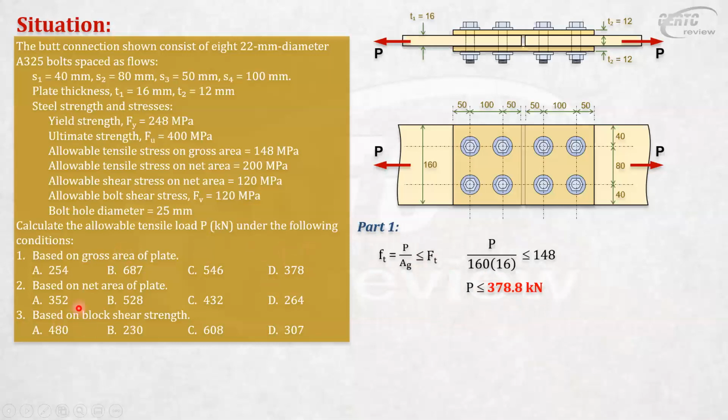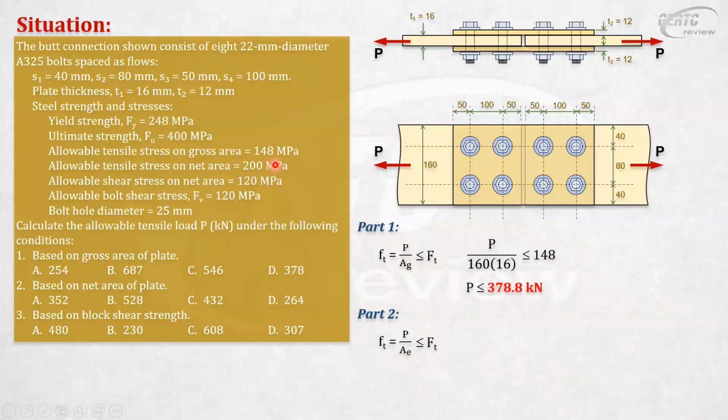The next is based on net area. The same equation applies: the tensile stress is equal to P divided by the effective net area. We need to compute the effective net area, and the stress must not exceed the allowable tensile stress on net area, which is 200 MPa.